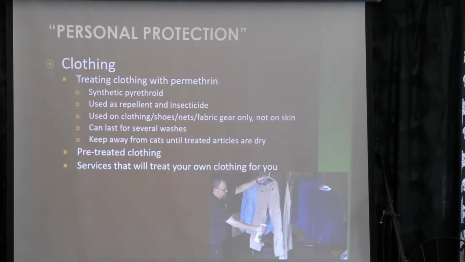It could have a toxic impact on amphibians. So this might not work for you in all situations, but you could treat your shirt if you want to do that. A lot of people would rather treat their clothing than apply things to their skin. And permethrin has been shown to be very effective against both mosquitoes and ticks.